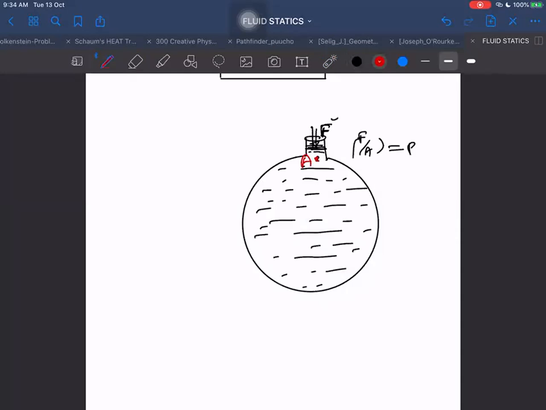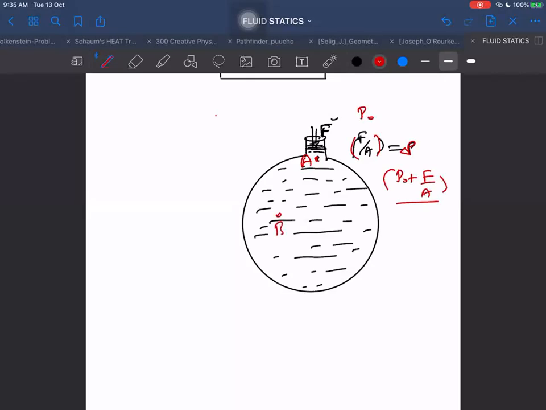At A we are applying extra force, so extra pressure will be F by A. Already what pressure was there? If it is open to atmosphere, then the pressure was already P naught. We applied extra, so P naught plus F by A, or P naught plus P, because P is F by A, correct? Or let us call it delta P, change in pressure, extra pressure.